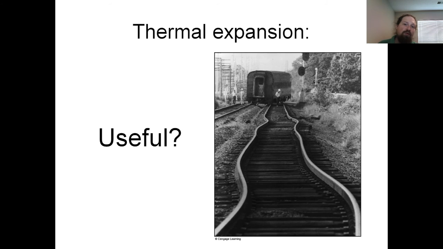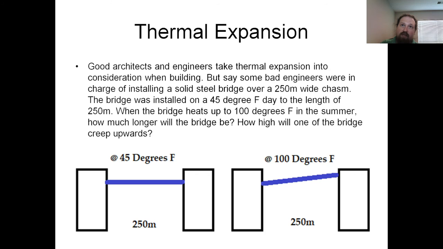This can get pretty serious, and I want to work another example to show you how serious. So here, this is going to be an example of a bridge that was built improperly. A good bridge has those metal teeth that help allow for thermal expansion to happen. But this bridge, in this hypothetical situation, is going to be a solid piece of steel that does not have room to grow.